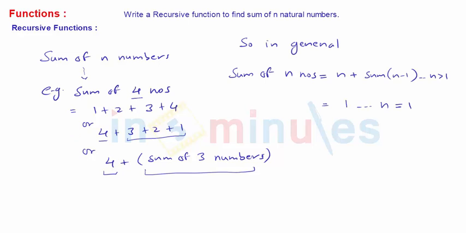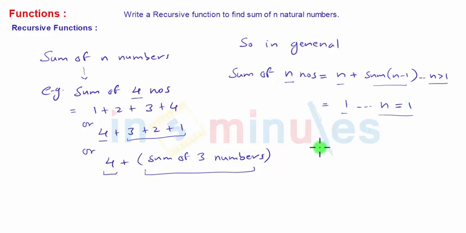In general, we can say the sum of the first n numbers is equal to n plus the sum of n minus 1 numbers. For example, the sum of the first 5 numbers will be 5 plus the sum up to the first 4 numbers. But that is applicable for n greater than 1, and it is equal to 1 if n itself is 1. So the sum of the first 1 number is 1.